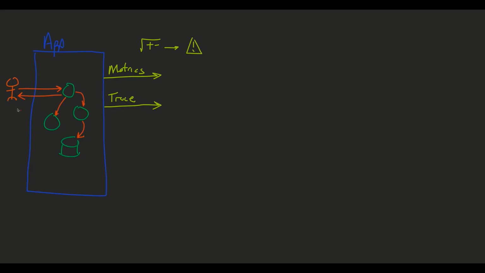Because the tracing is able to follow through all of this activity, we can get dependency information, dynamic dependency information on all the services and databases. And that's really important when you're trying to monitor the application.